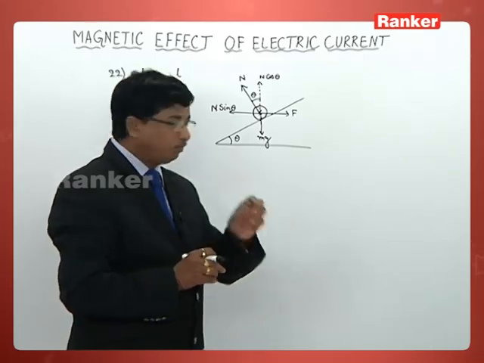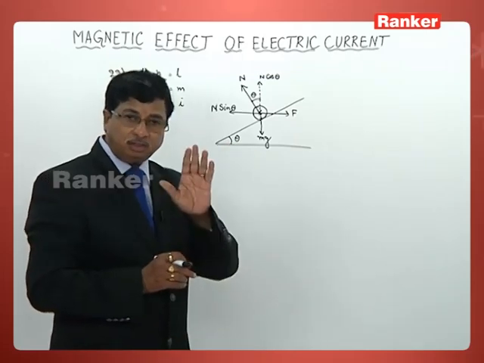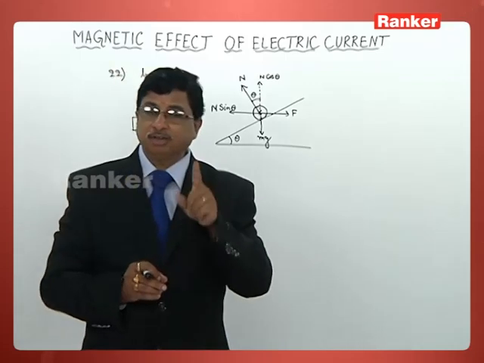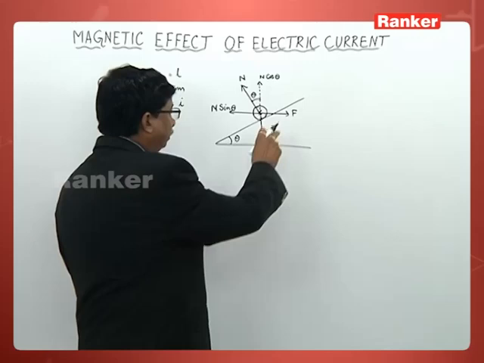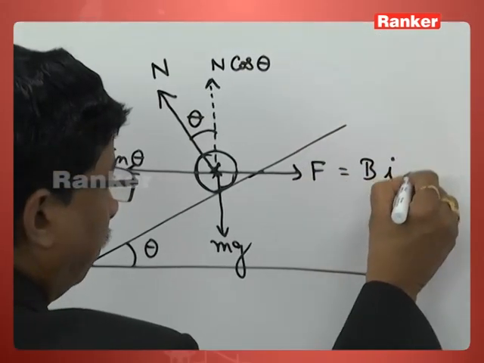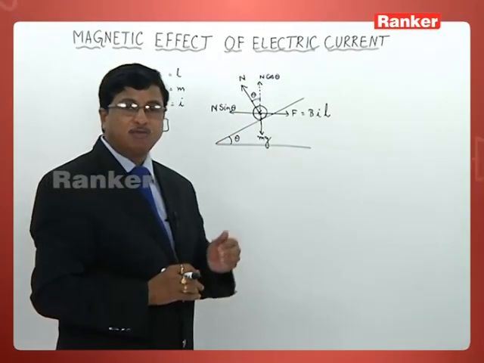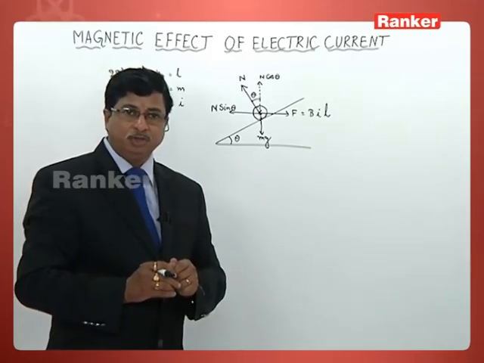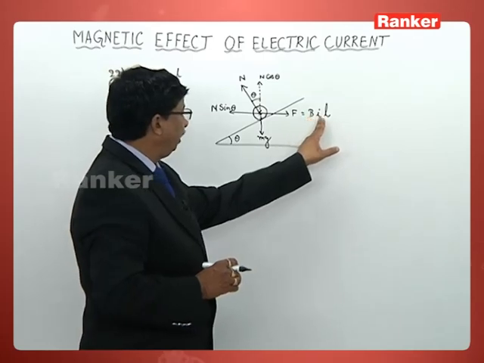When that force is compensated by N sin theta, then there is a possibility for that conductor to be in equilibrium. So what can we understand now? This F must be the force due to the magnetic field on a current carrying conductor of length L carrying a current I. So F must now be BIL.